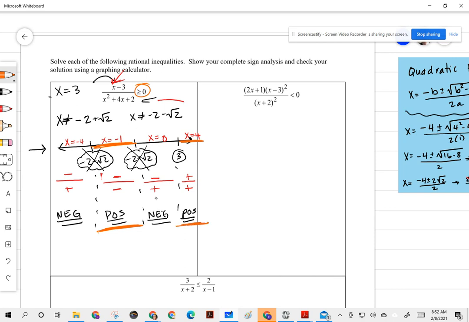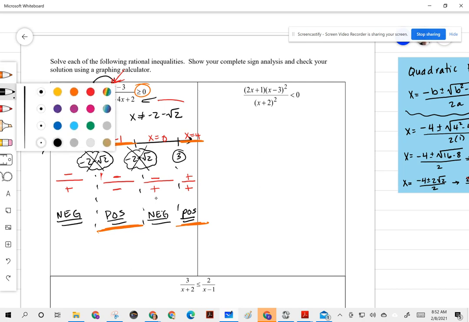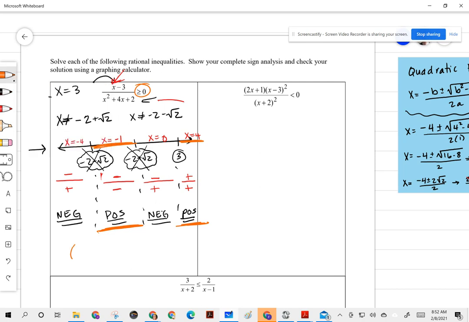Remember, if it's an undefined value, you can never include it. So what we're going to do is have -2 minus rad 2 all the way to -2 plus rad 2. Cannot include it, even though it says greater than or equal to 0, because those are undefined values. And then what we're going to do is pick back up. Now we can include 3 because that's a 0. 3 to infinity is going to be our notation for that.